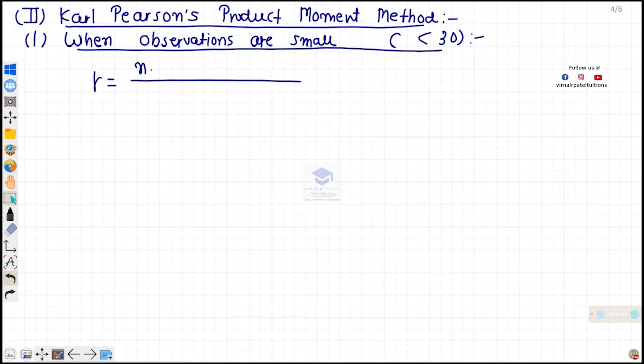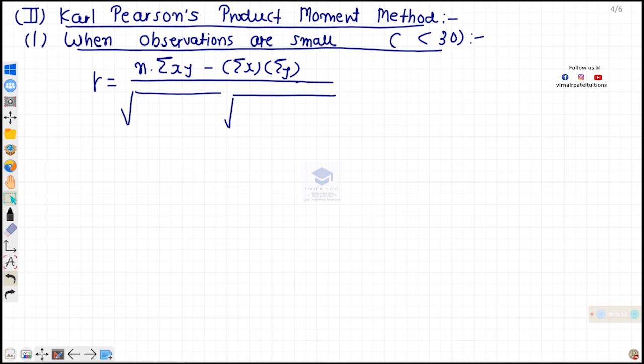R is equal to n into sigma xy minus sigma x into sigma y, upon 2 square roots. In the first square root, n into sigma x square minus sigma x whole square. In the second square root, n into sigma y square minus sigma y whole square.